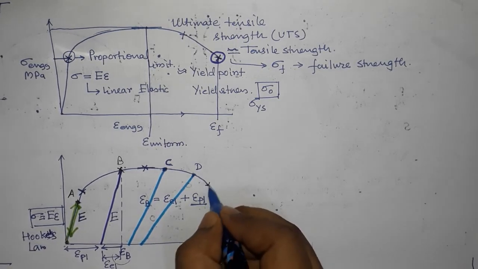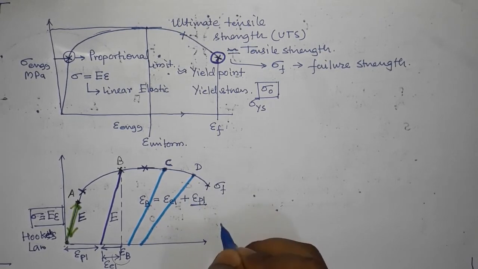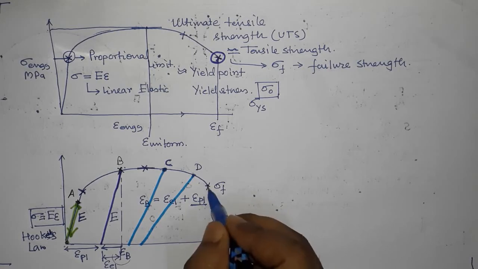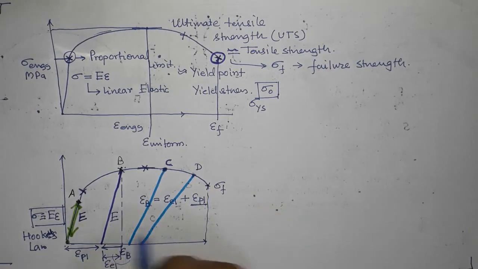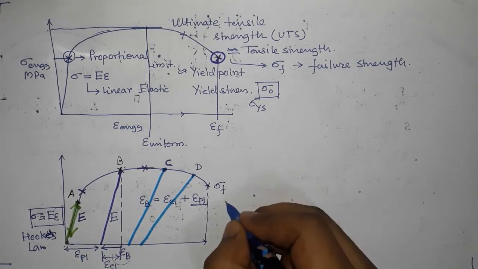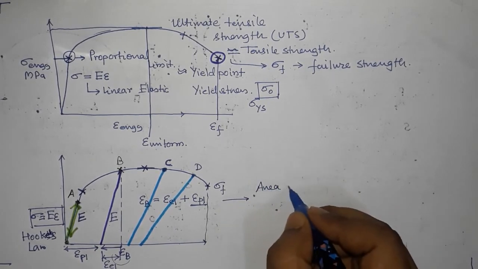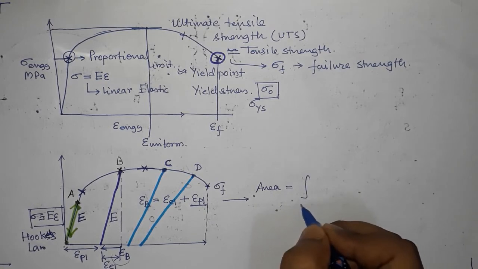What will be the area under this curve? So this is my sigma f, failure stress, right? So the area under this curve will be the integration.